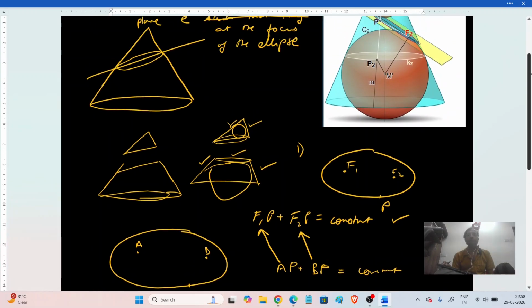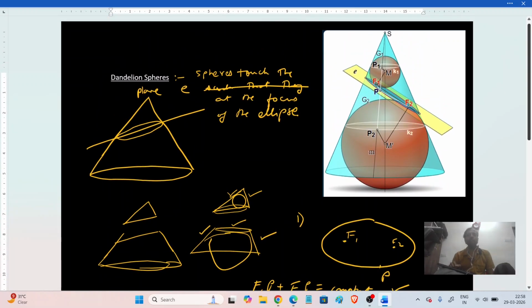Alright, now let us see the proof of the theorem I just stated. The spheres touch the ellipse at the foci. Of course the theorem assumes that we know that this plane is an ellipse. We are not going to use the fact that it is an ellipse, but this is something to be mentioned. Alright, now let's start with the proof.